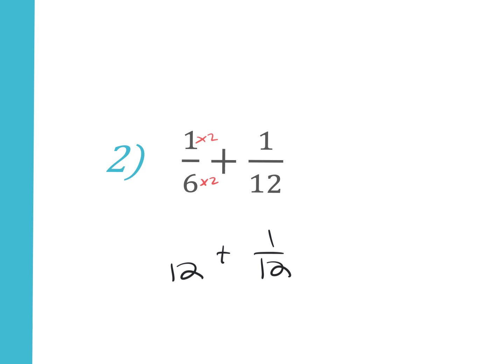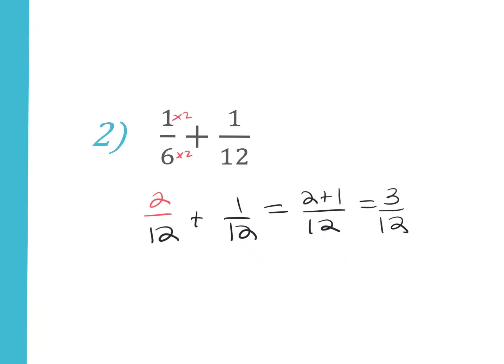Whatever I do to the denominator, do to the numerator. Now that I have the LCD, all I'm going to do is add those numerators, keep that LCD, and I get 3/12. Always simplify your fractions after you add them. I can reduce both of these by dividing it by 3, and my final answer is 1/4.